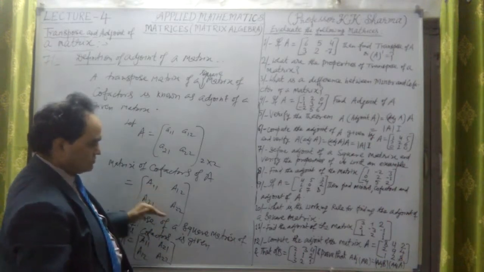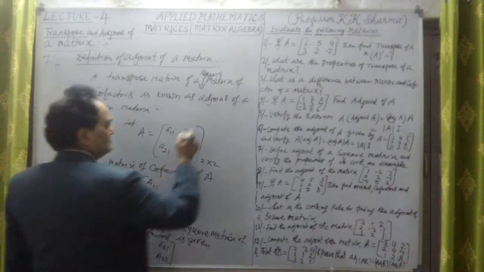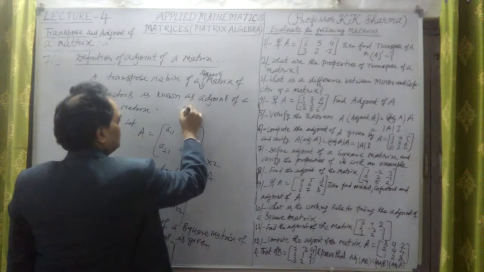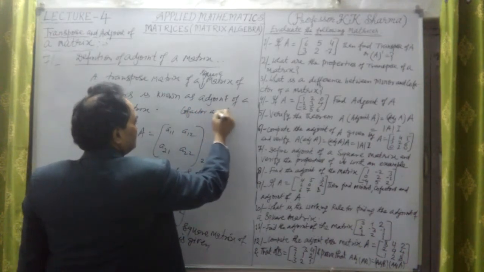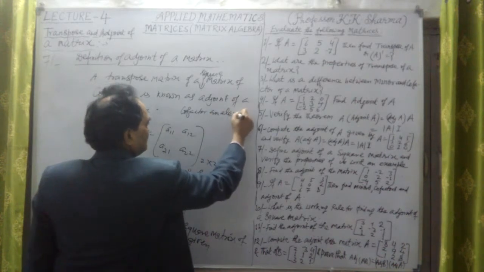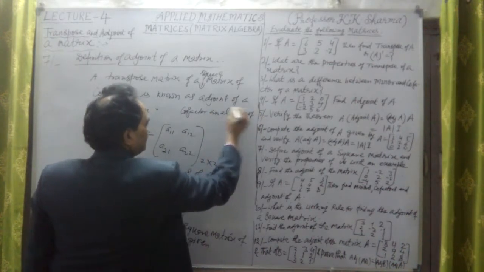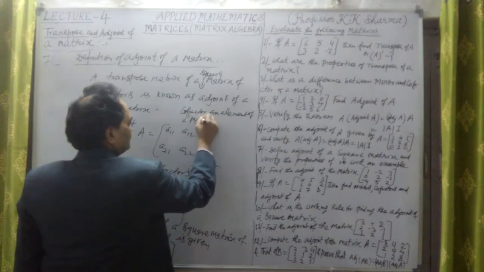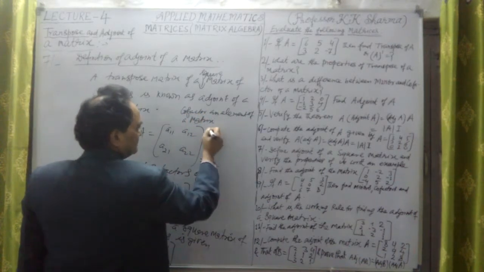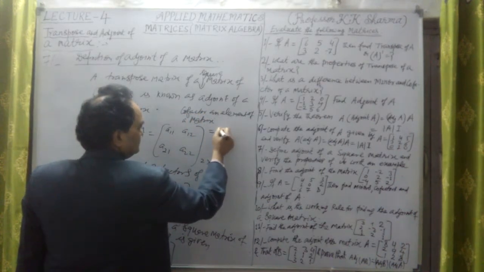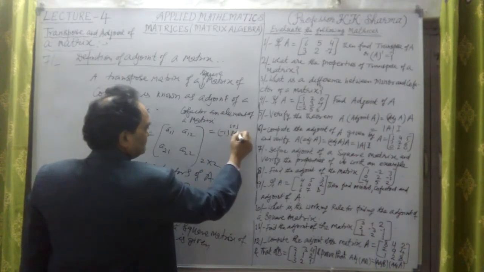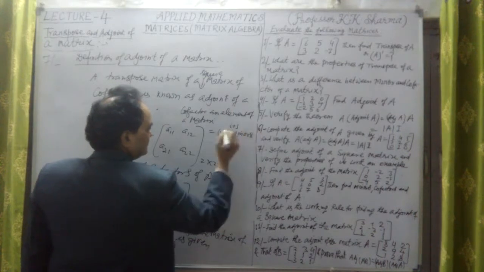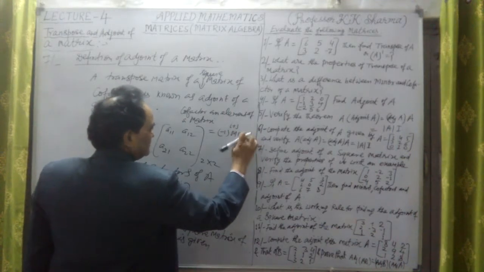So first we have to find the cofactors. As I said, the cofactor of an element of a square matrix is given by minus 1 raised to power i plus j, into the minor of that element.